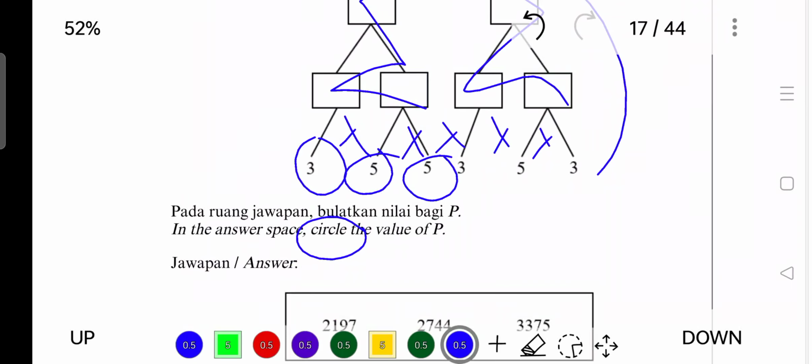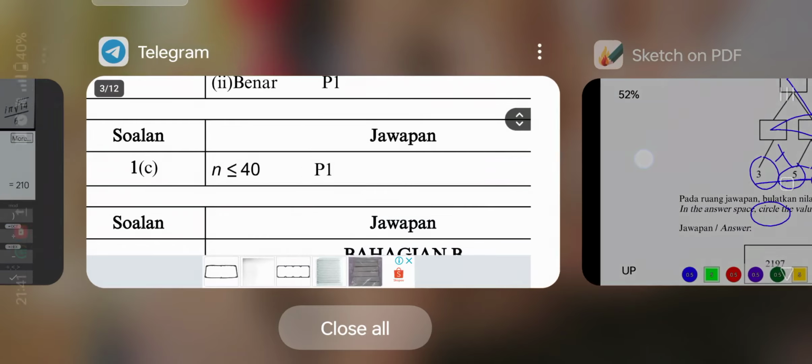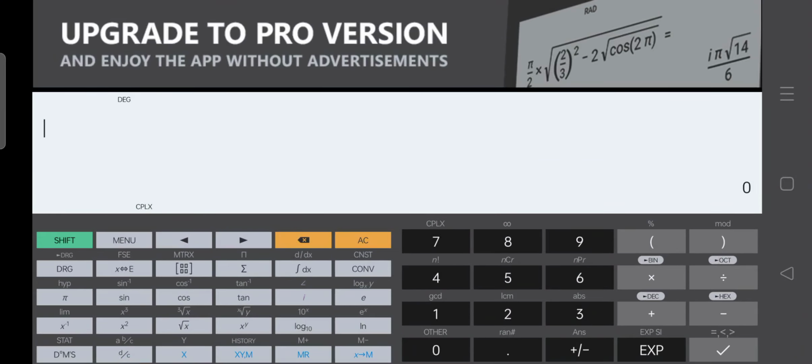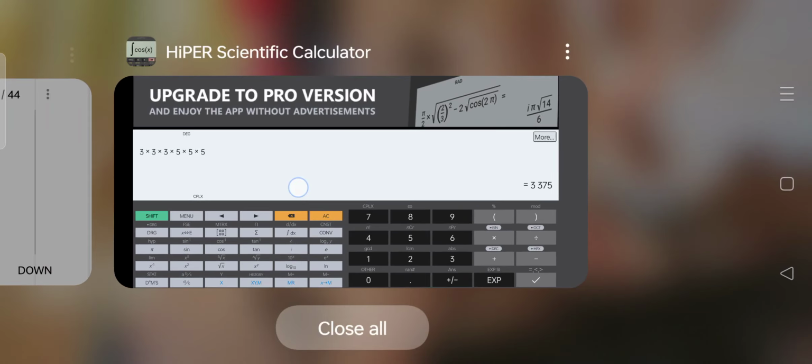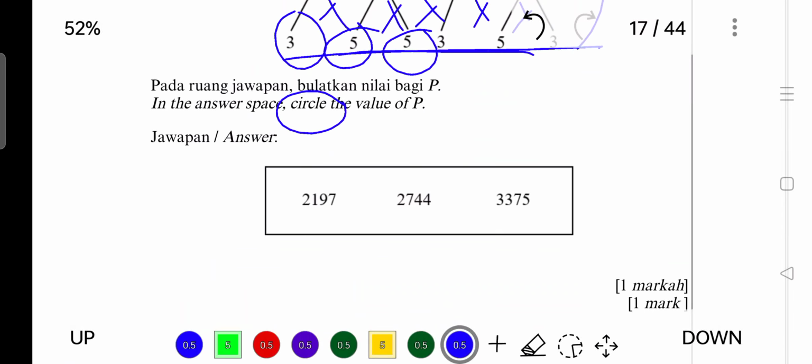So what is P? You can simply press your calculator. The answer will be 15 times 15 times 15, 3375. Do we have 3375? Yes. And here is 1 mark.